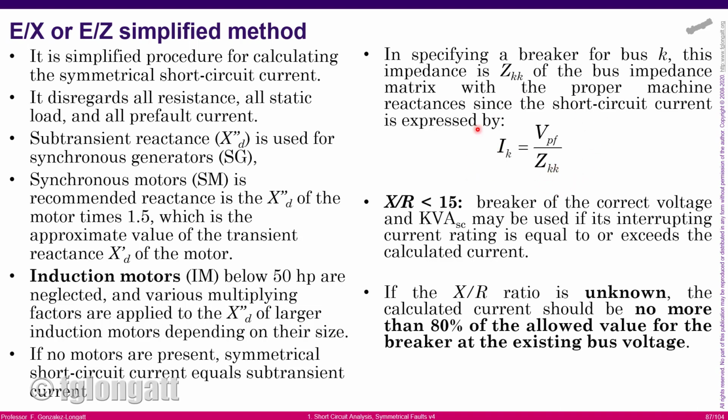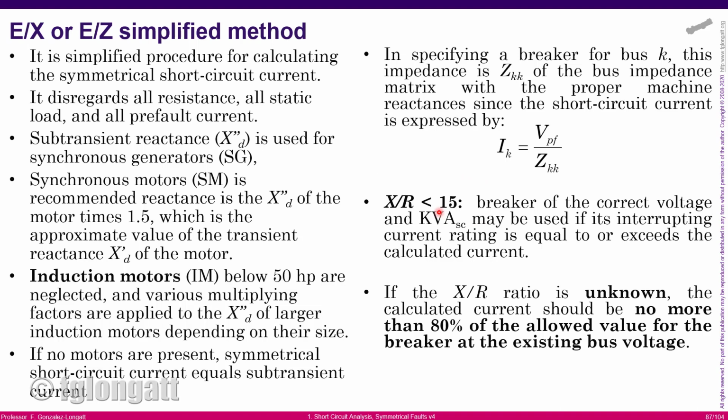And then when you have this number, what you need to do is specify the momentary current by using the relationship between reactance and resistance at the fault point.